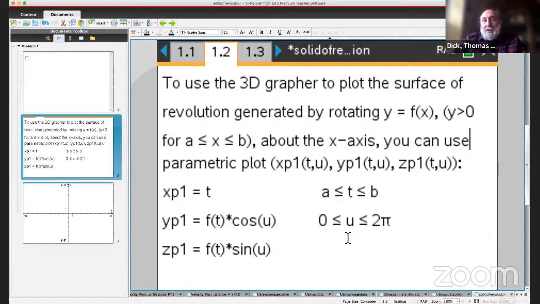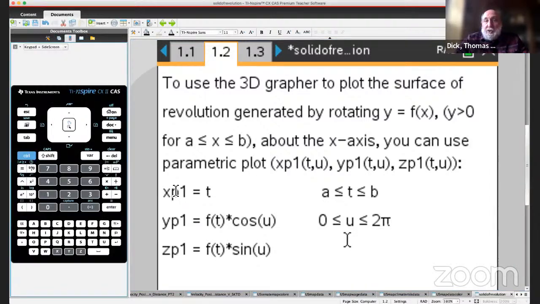There's a built-in 3D grapher on the Nspire, and there are other 3D graphers out there. Steve just mentioned Mathematica's got a nice one. You don't have to have a CAS version to do that. This one's a CAS version, but it's also on the regular TI-Nspire.